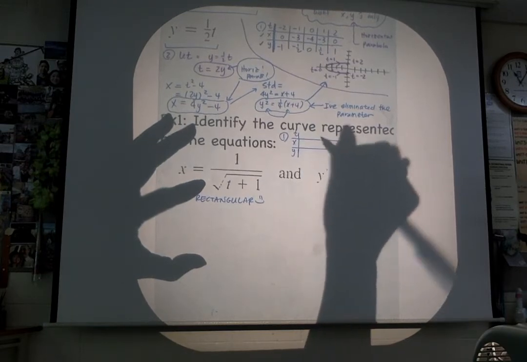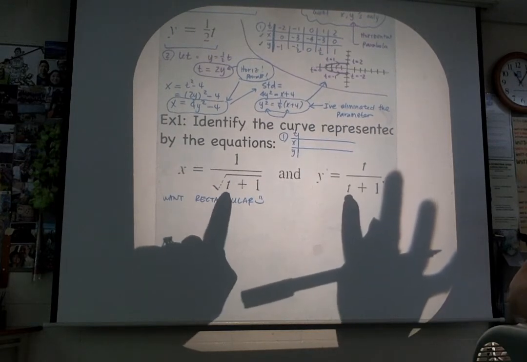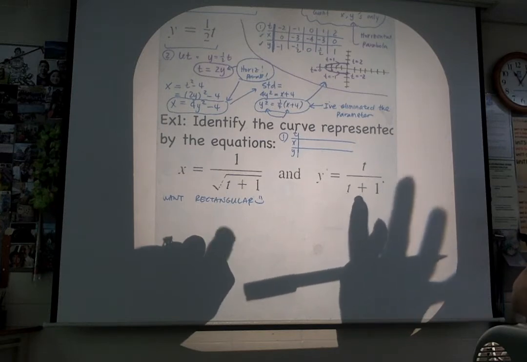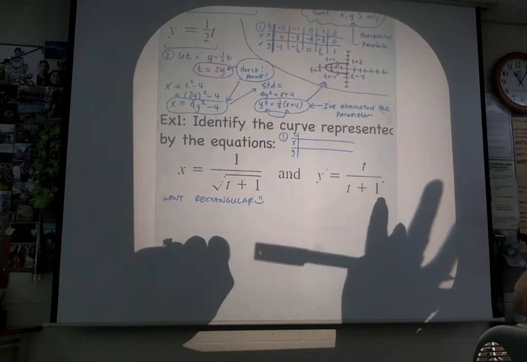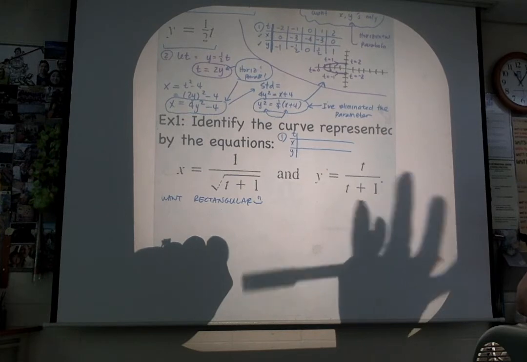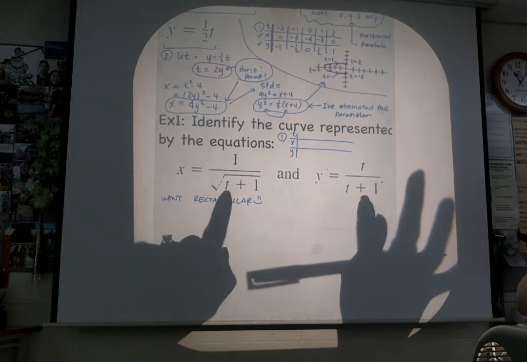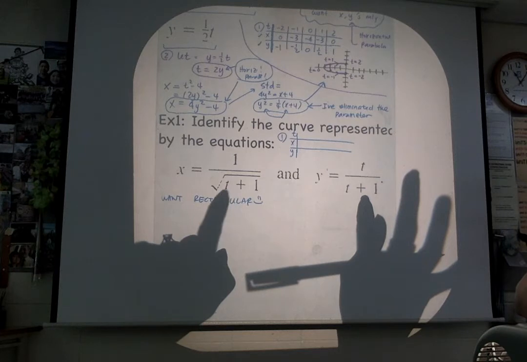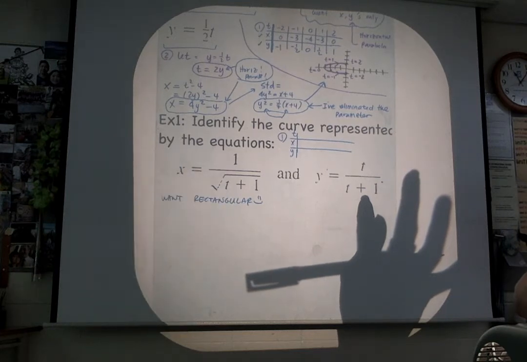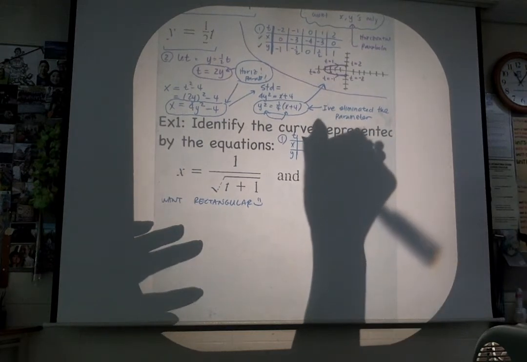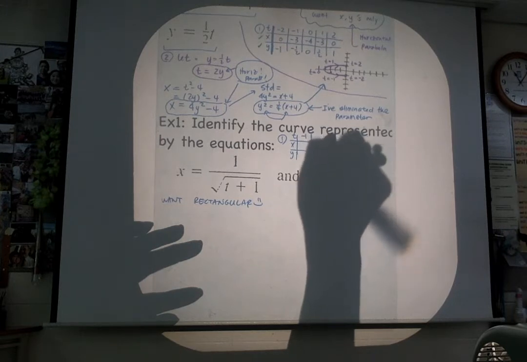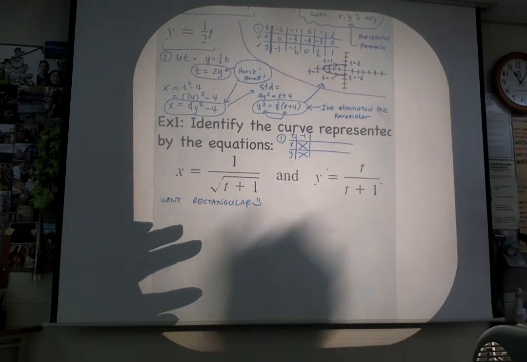Now I can see the domain should start at negative 1, because here it fails: the denominator becomes 0, so it's undefined at negative 1. Negative 1 plus 1 is 0, and the square root of 0 is 0, but 1 divided by 0 can't be done. So negative 1 doesn't work; it's undefined there.